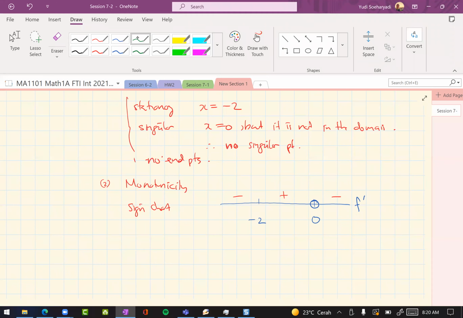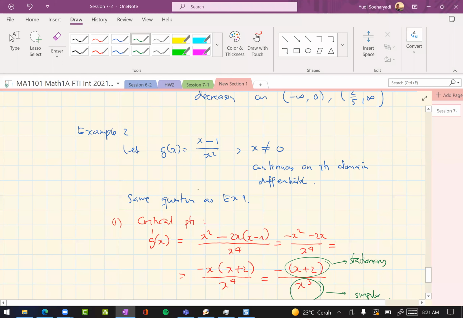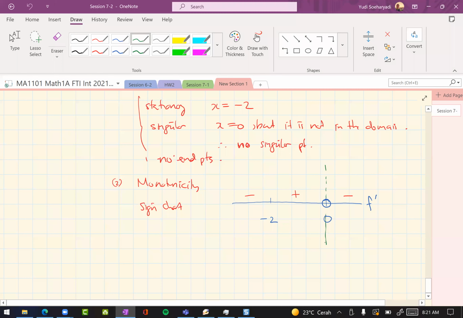Okay, one more thing is that from g, we know that supposedly there is a vertical asymptote at 0 here. So we just denote it by this one, supposedly. All right, so what we can say is that there's going down and up.